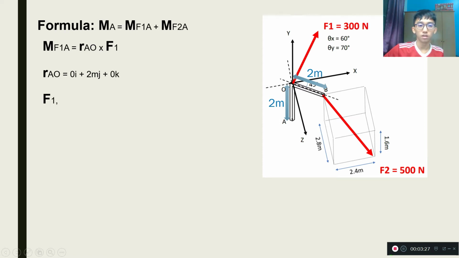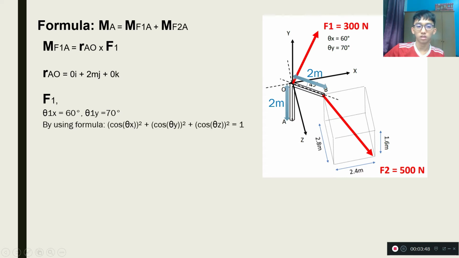For F1, the information given is F1 equals 300 Newtons, theta x is equal to 60 degrees and theta y is equal to 70 degrees. By using these two pieces of information, we can get theta 1z by using this formula.